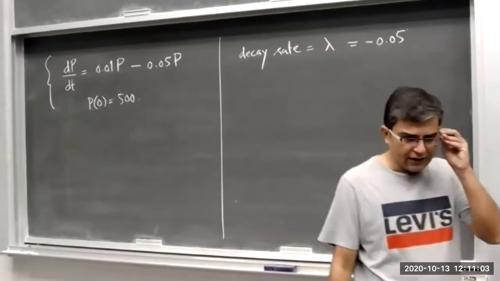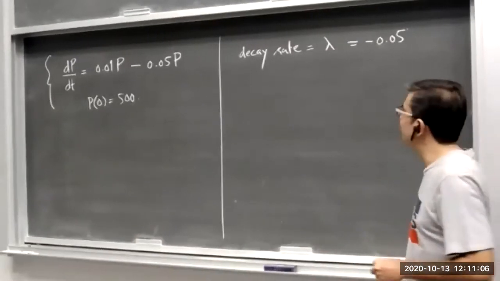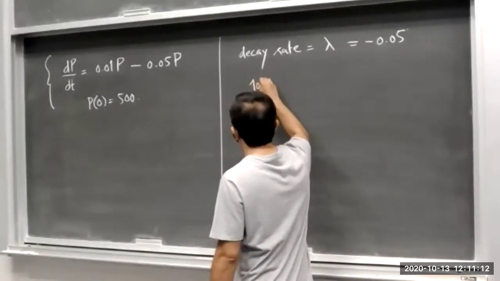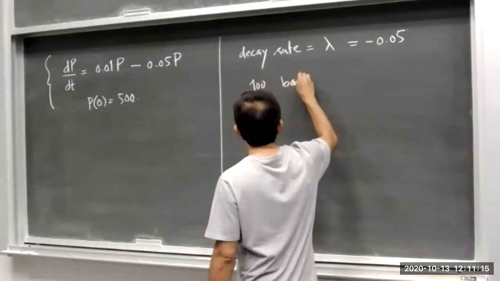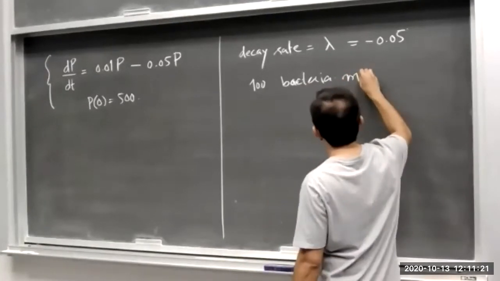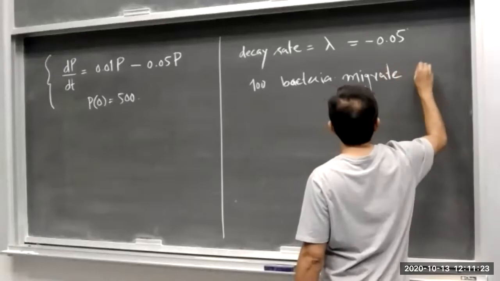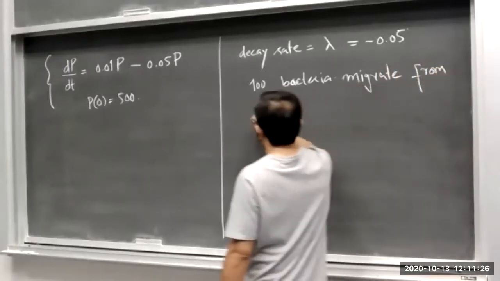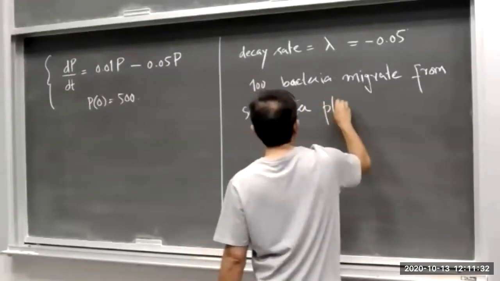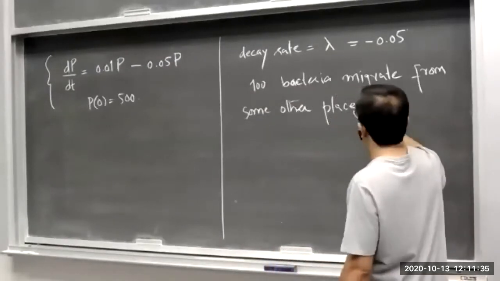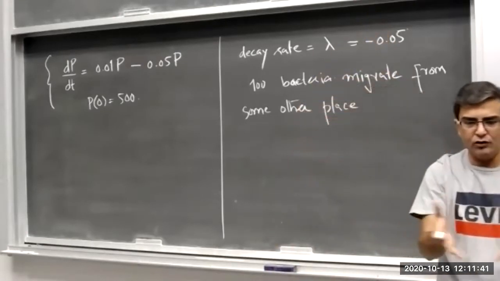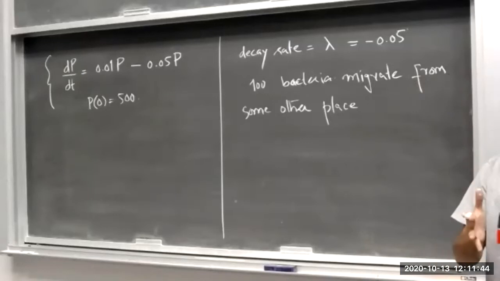In another situation, if we say that 500 or maybe 200 or 100 bacteria, 100 bacteria migrate from some other place and are included in this place where we are assuming that there are initially 500 bacteria.